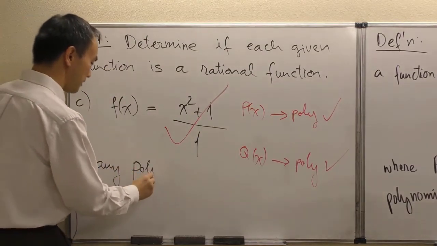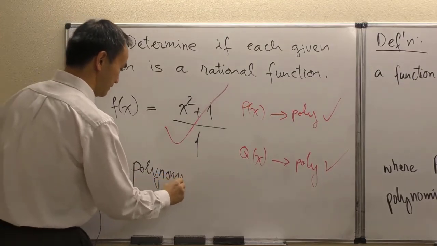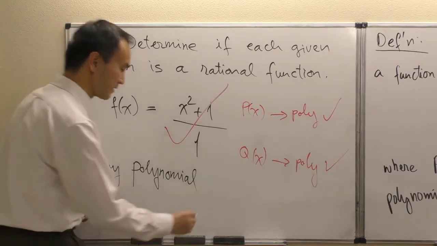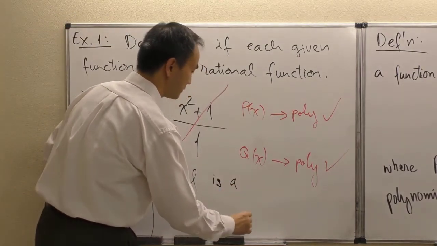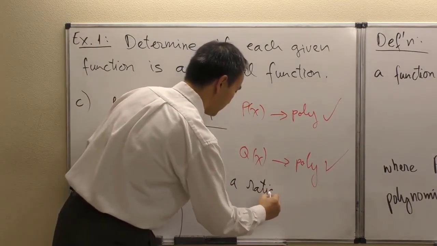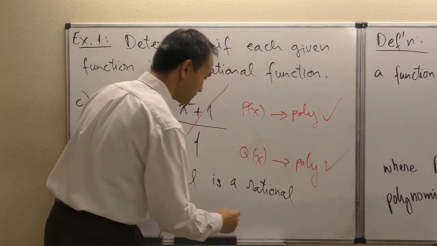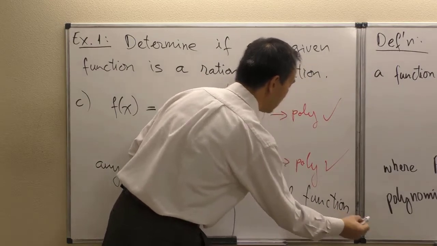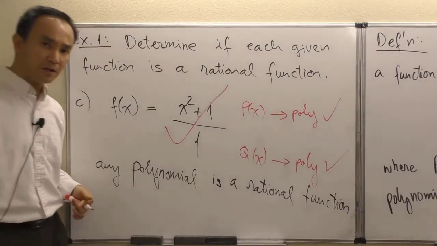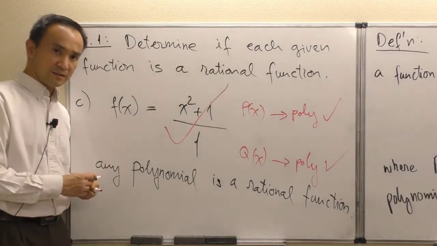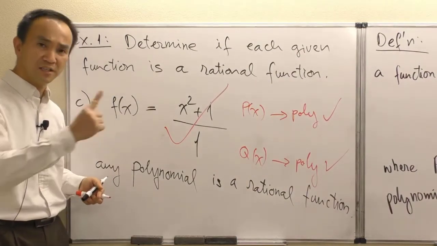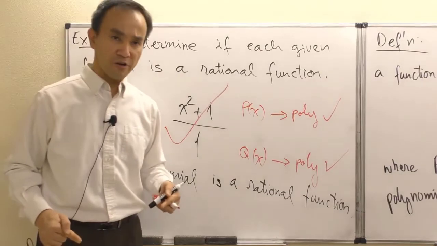Any polynomial that we used to know is a rational function, because we can always put it over 1. Any polynomial is a rational function. And this is what I was talking about, that you're going to be amazed how big this family of rational functions is.